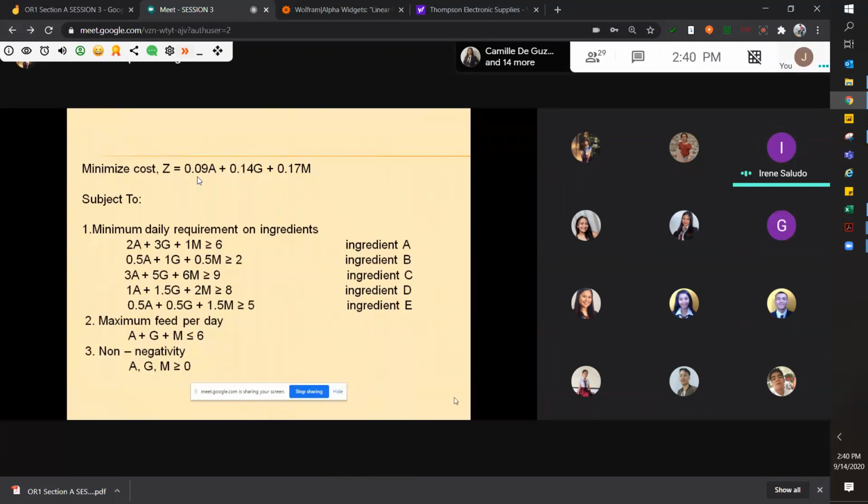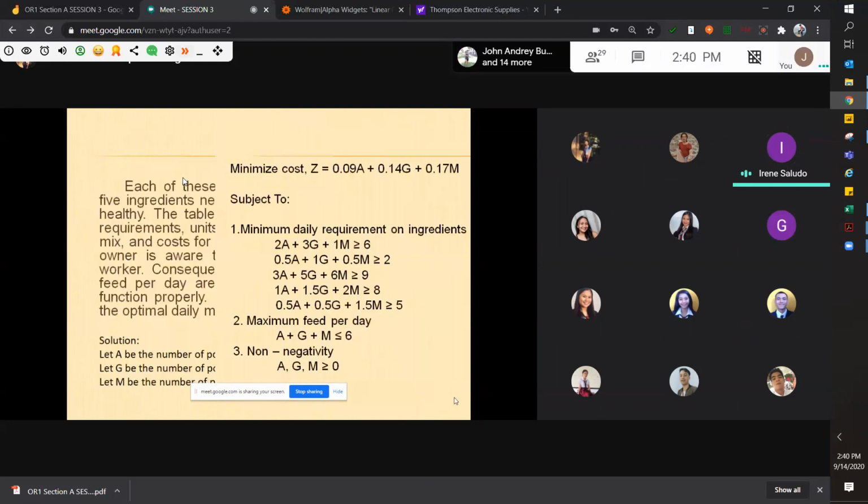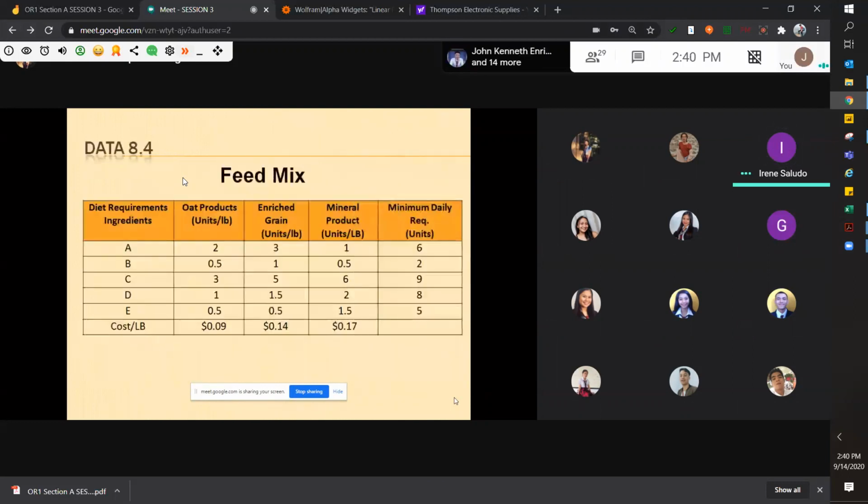Ano yung gagawin mo? Halimbawa, dun sa table natin, provide ko ay cost per kilo.